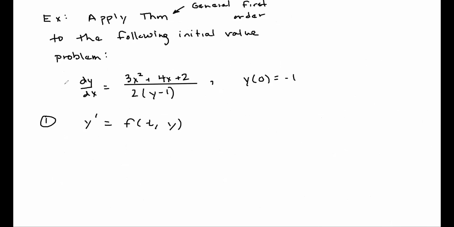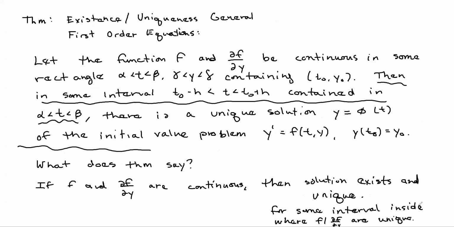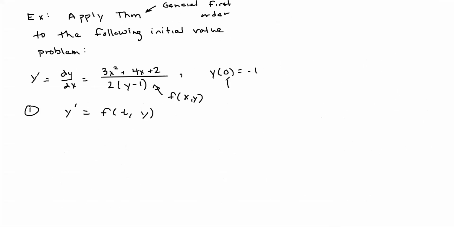Well, this is the same thing as y prime, and so it tells us that this thing is f of t, y, or in this case, f of x, y. And then second, we can use our initial condition, y of t naught equals y naught, to tell us that this is x naught and this is y naught.